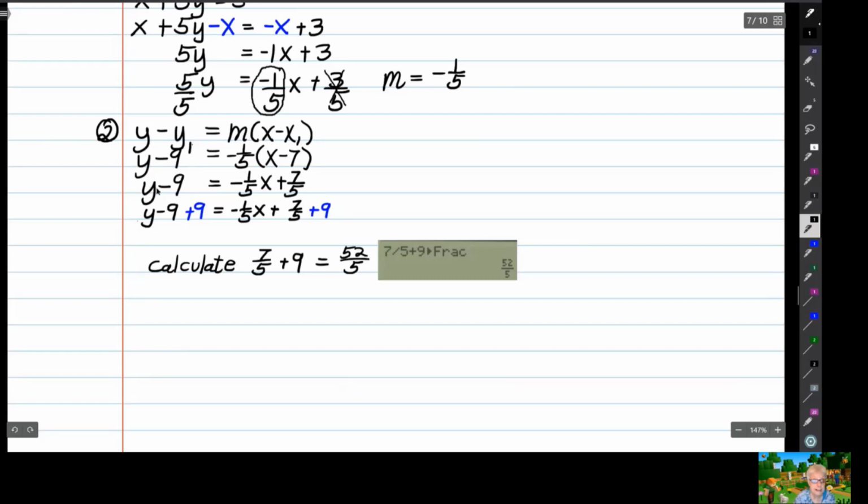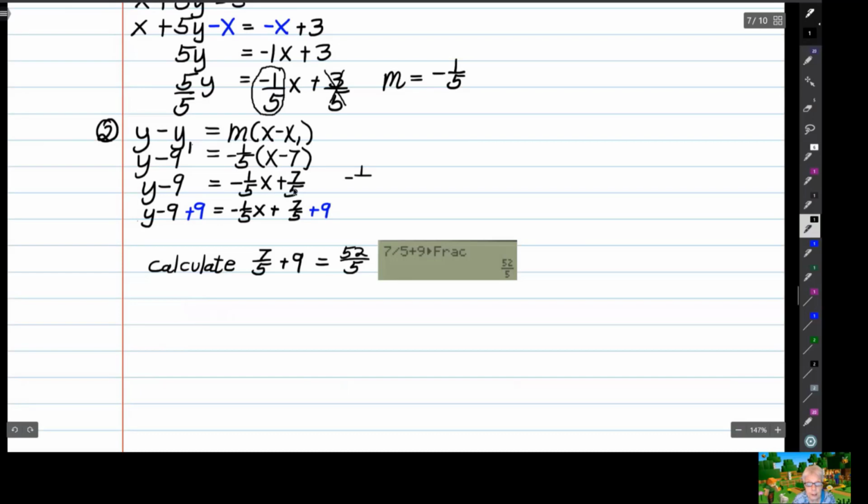So I'll have y minus 9 equals negative 1/5 x plus 7/5. Now, how did I get that? Here's how I got it. How I get positive 7/5 is this.